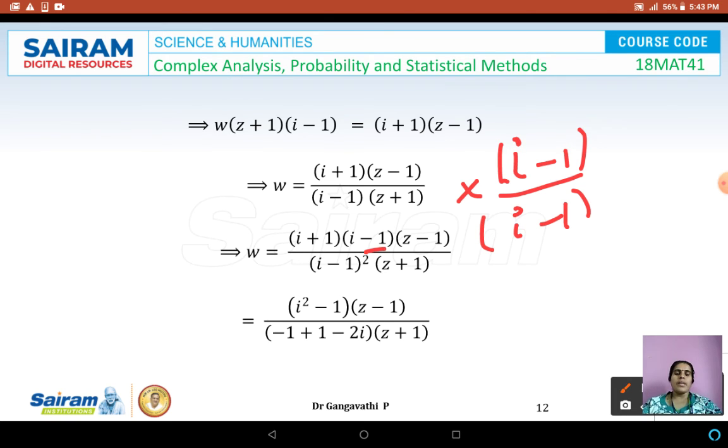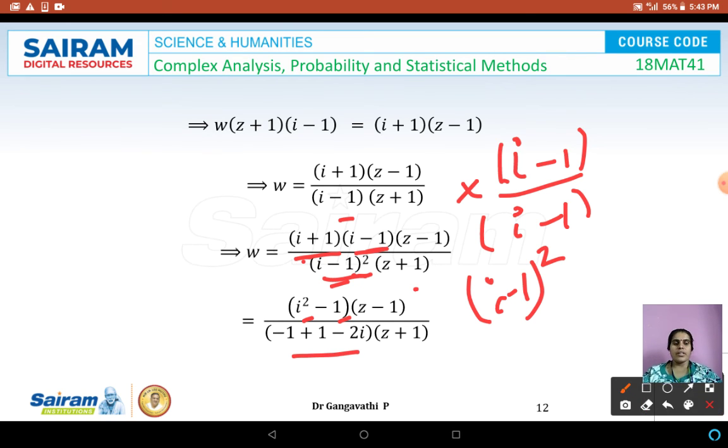So this i minus 1 into i minus 1 becomes i minus 1 whole square, and the remaining as it is. So here this is in the form of a plus b into a minus b. So it is a square minus b square, i square minus 1. i square is nothing but minus 1. And in the denominator also, when we expand this i minus 1 whole square by using a minus b whole square, we get this expansion.